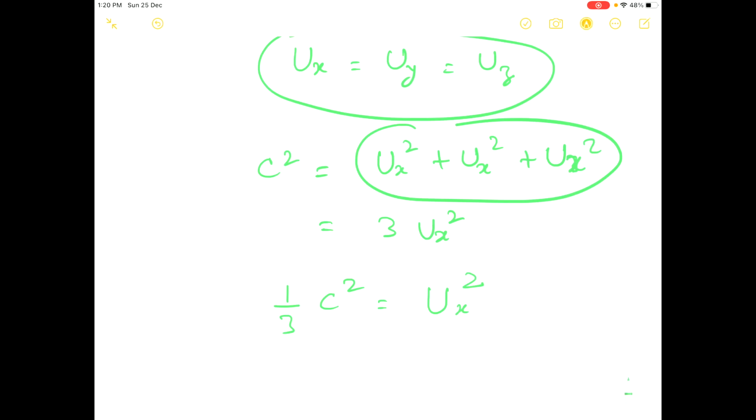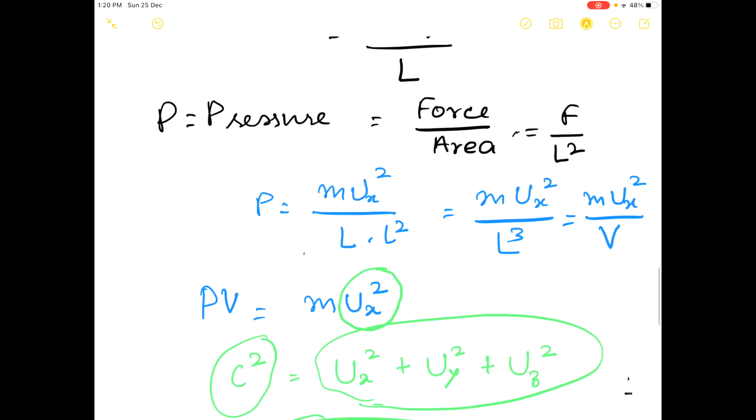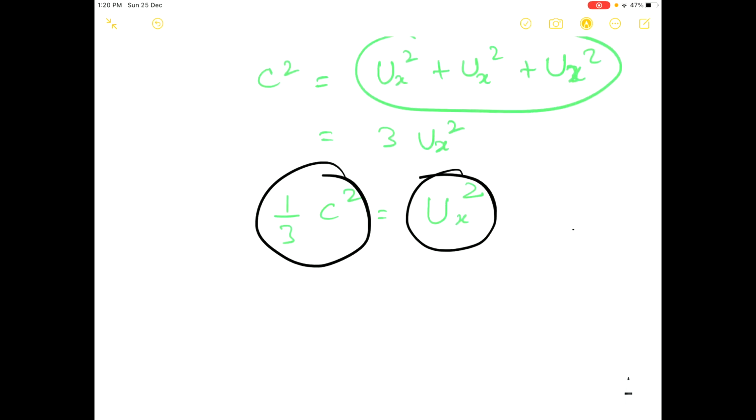So we take this value of ux square and replace it in the equation PV is equal to mux square, which can be written as PV is equal to 1 by 3 mc square.